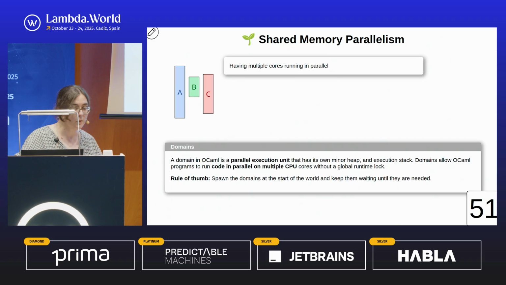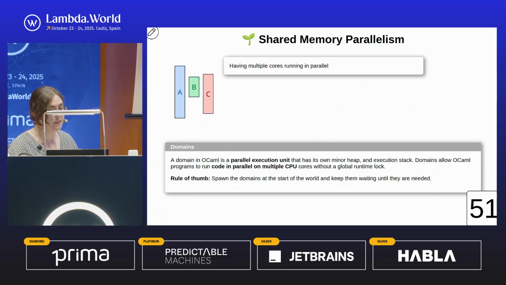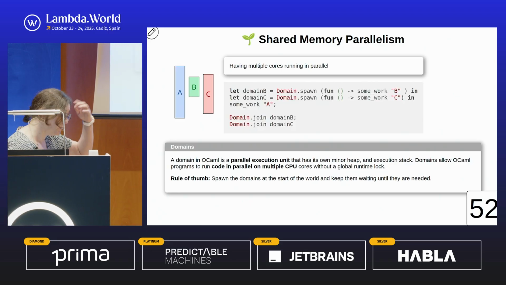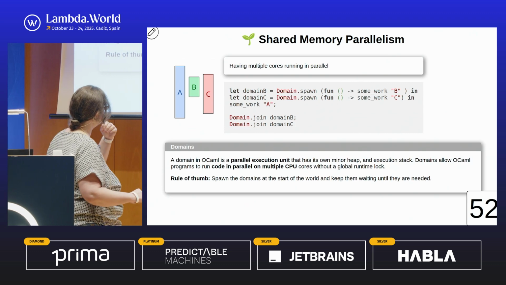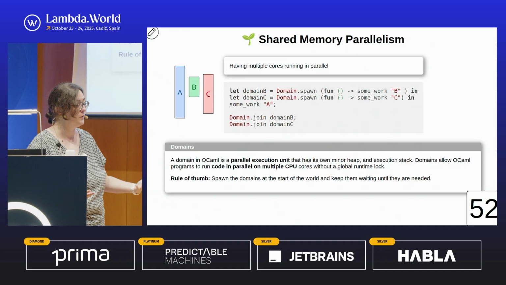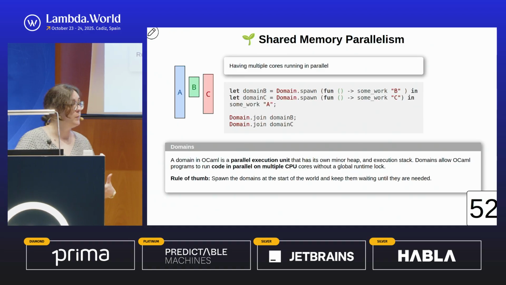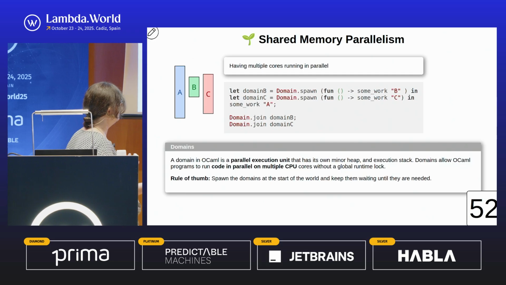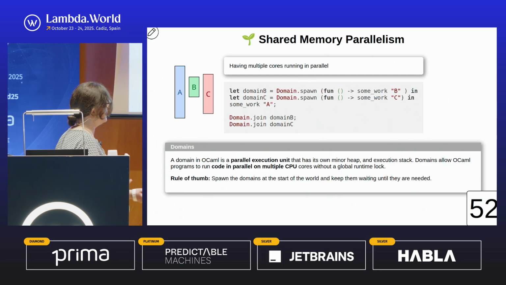And so how it works is quite simple. What you need in the API to run multicore in OCaml is two functions: Domain.spawn and Domain.join. Domain.spawn is basically the work that you want to give the newly spawned domain, so what it's going to do. And the Domain.join function is a blocking function that is going to wait until the domain is finished with its work.